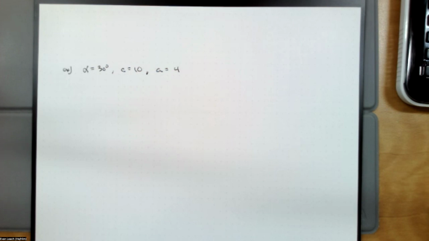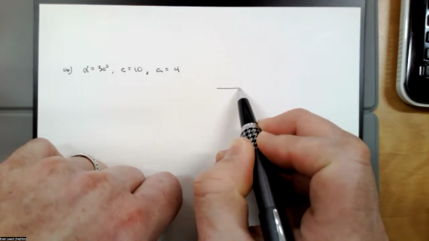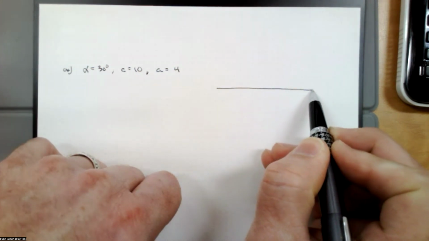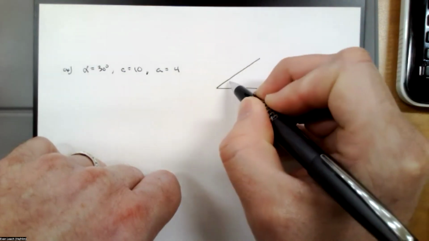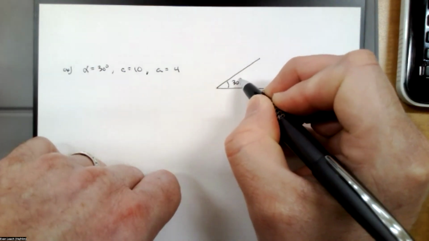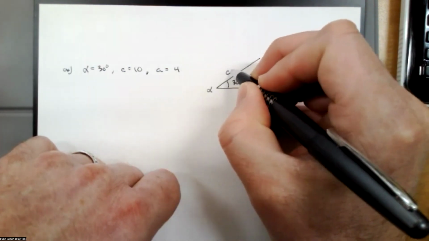Yes. So the big idea is, let's draw a picture. There's an angle of 30 degrees. Here's the angle alpha, and here's side C equal to 10.